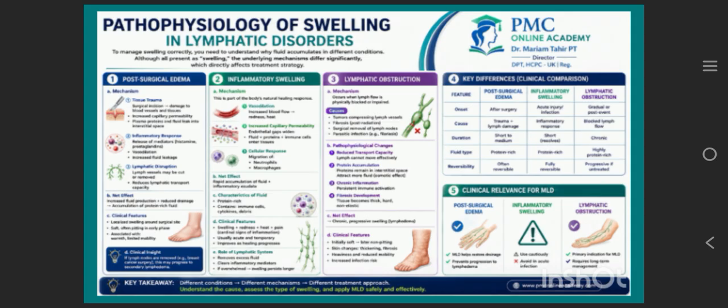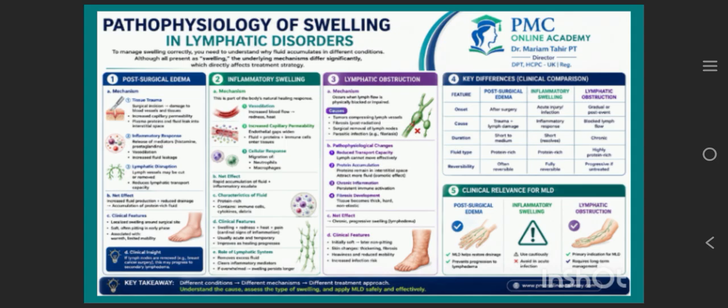So what are the key differences, the clinical comparison of these three conditions? First is post-surgical edema. The feature is onset. The onset of post-surgical edema is after surgery, inflammatory swelling onset is acute injury or infection, and lymphatic obstruction onset is gradual or post event.